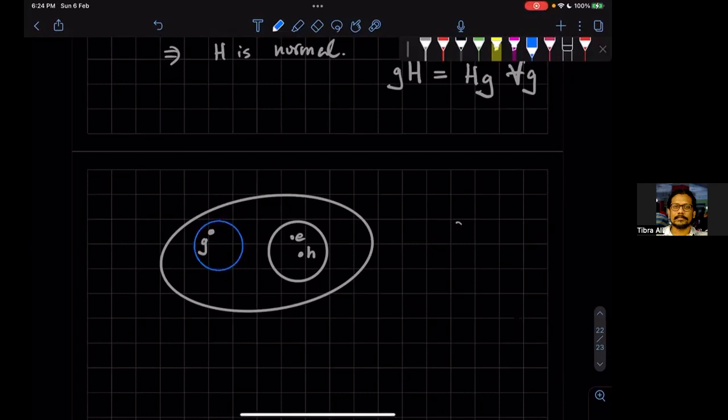This set is GH. But as you right multiply E by G, you'll get the same element, but the other elements, you might get other things. So this is the subset you get by right multiplying by G. Sorry, they should be of the same size, but anyway.